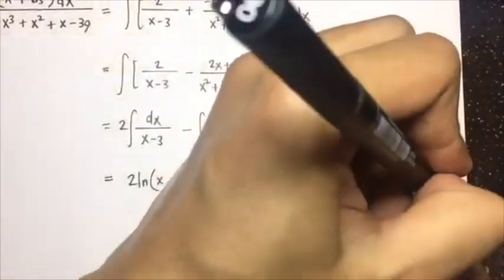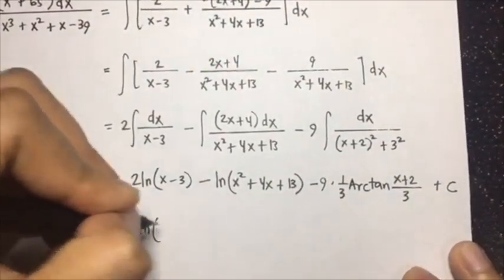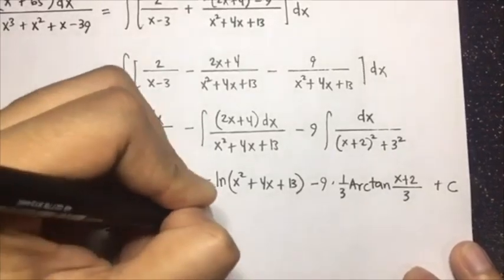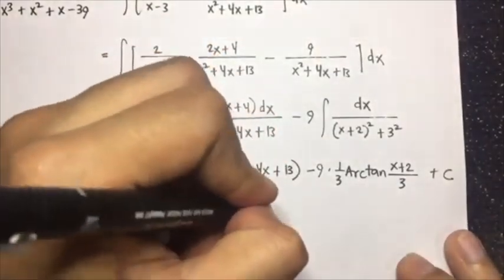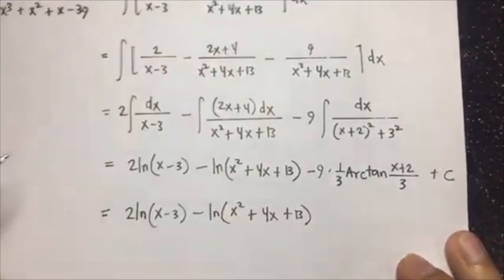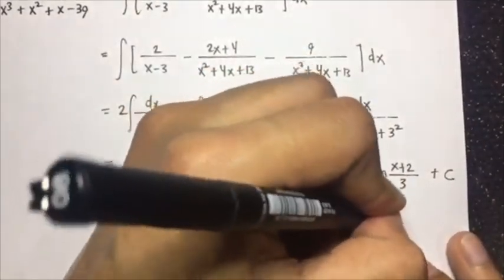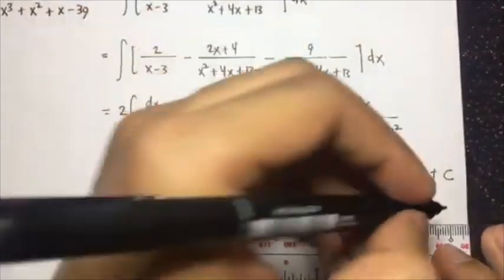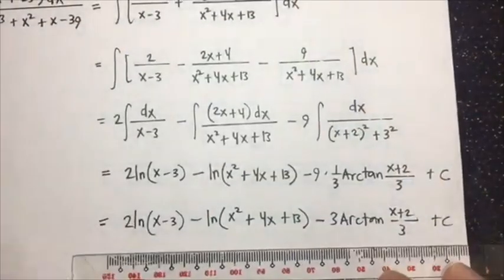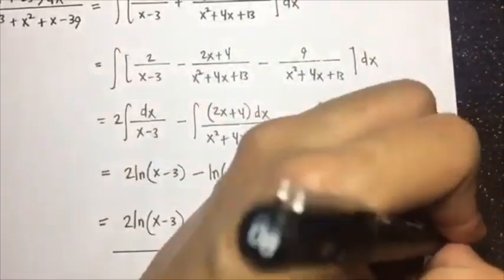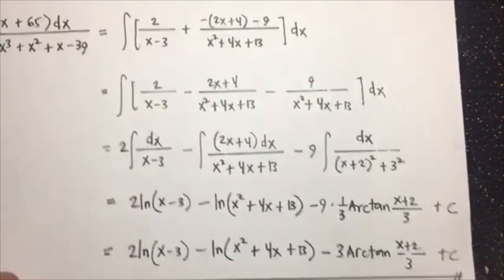Okay, plus c. So simplifying, so this will now become 2 ln of x minus 3 minus ln of x squared plus 4x plus 13 minus 3 arctan of x plus 2 over 3 plus c. Okay, so that's quite a long process again.